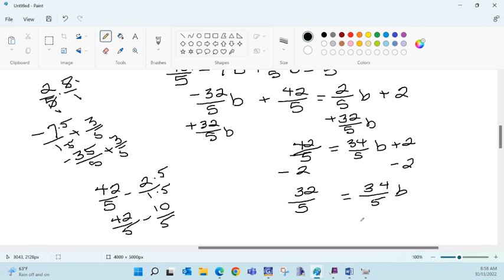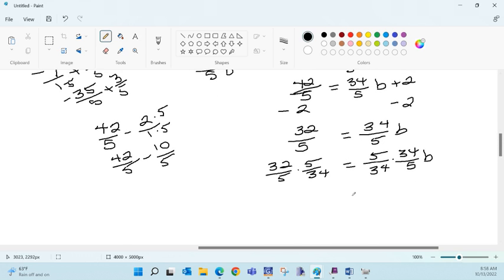All right, then finally, what step do we do to get this by itself? Multiply by the reciprocal of 34/5. So I'm going to take my 32/5 and multiply it times 5 over 34. 5 over 34 times 34/5 will give you 1b over here.